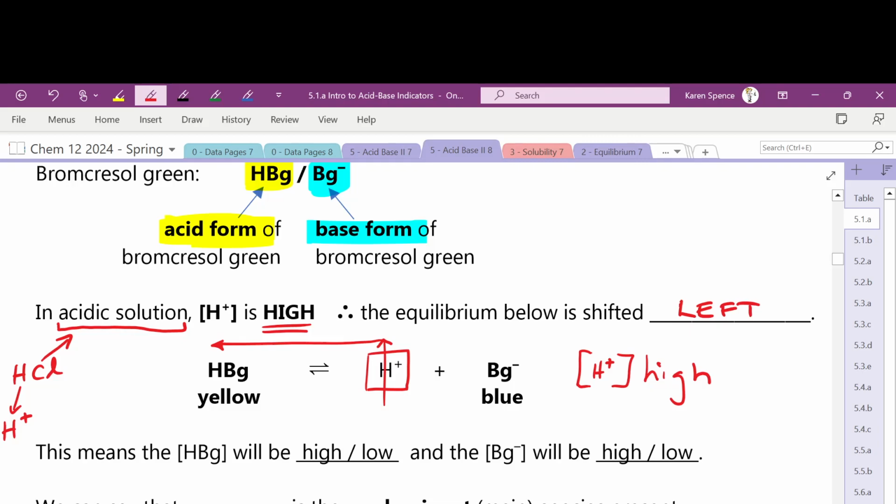And that means if it shifts to the left, what do we know about our HBG, our yellow form? We've shifted to the left, so the HBG concentration will be high, yeah. And the BG minus, which is blue, will be low, yes.